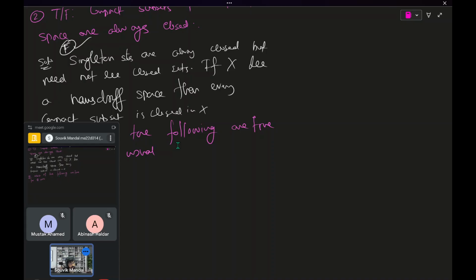First one, locally compact. Second one, Hausdorff. Fourth one, normal space. Think about it. So the question is, which one is true for Q with the usual topology? I shall get back to you after two or three minutes.